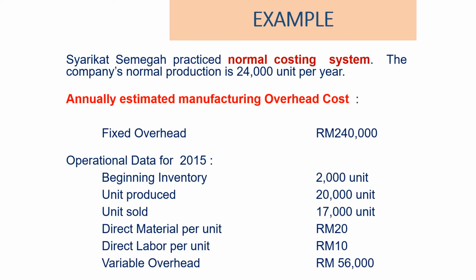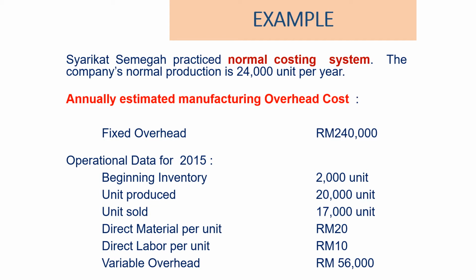Look at the example. Syarikat Semegah practices the normal costing system. The company's normal production is 24,000 units per year. Annual estimated fixed manufacturing overhead cost is 240,000.